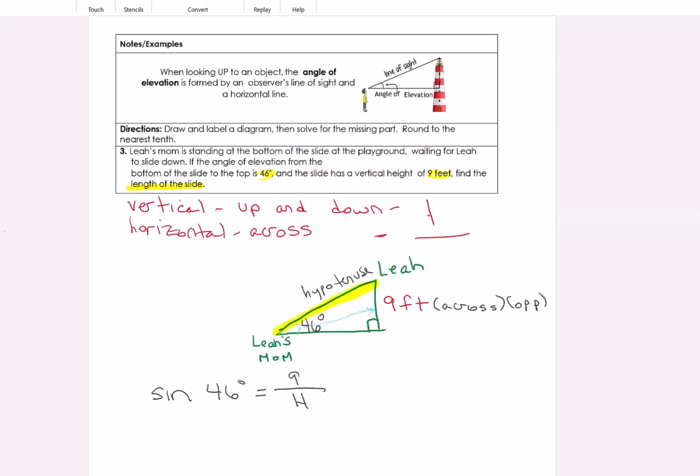I'm going to multiply both sides by h. This gives me h sine of 46 degrees is equal to 9. The sine of 46 degrees is a number. I have to get it out of my calculator, but it still is a number. That means I can divide both sides by the sine of 46 degrees.